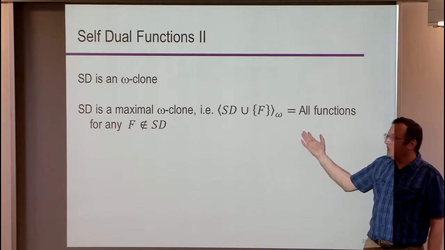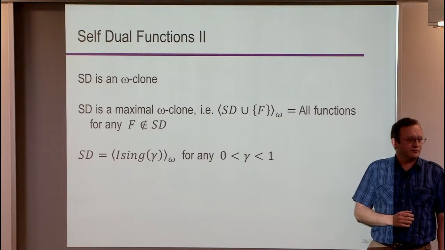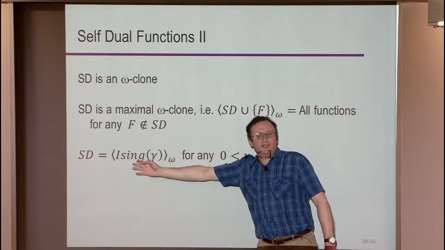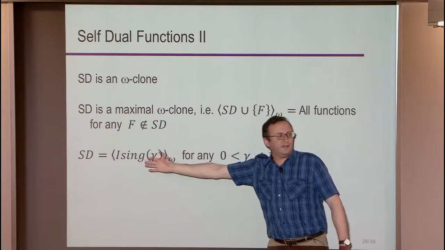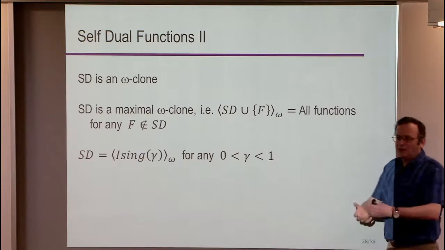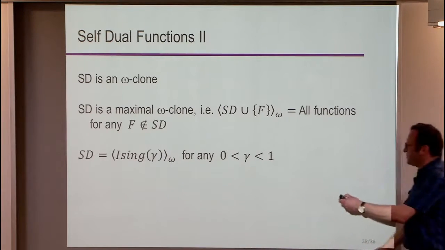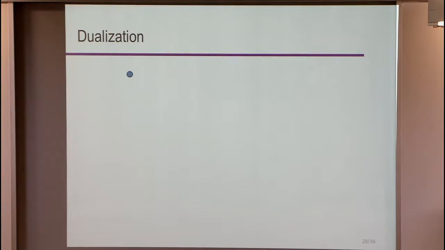On the other hand, it's very small, because it's generated by any anti-Fraser function. So it's somehow very special, in a sense. But it also helps to prove various things. For instance, let's look at this trick that I call dualization here.